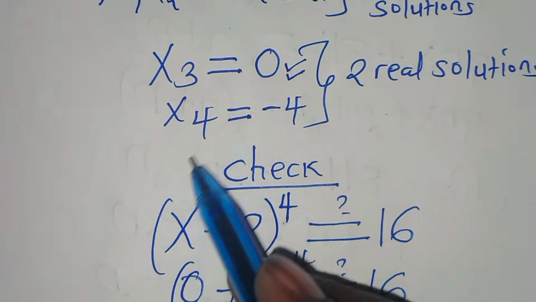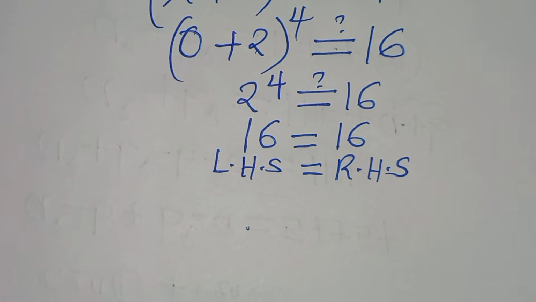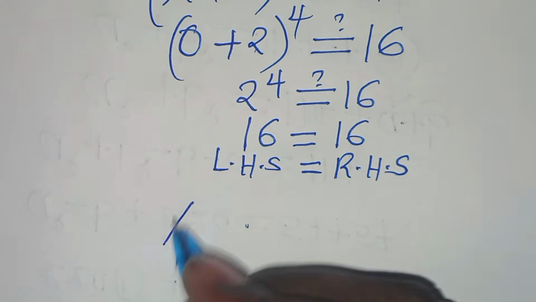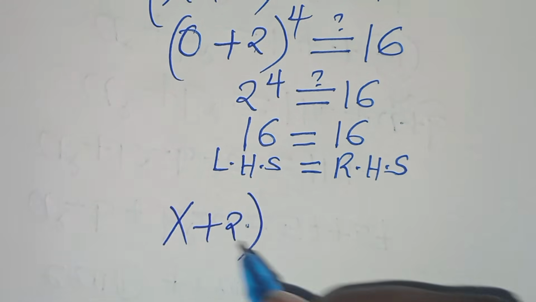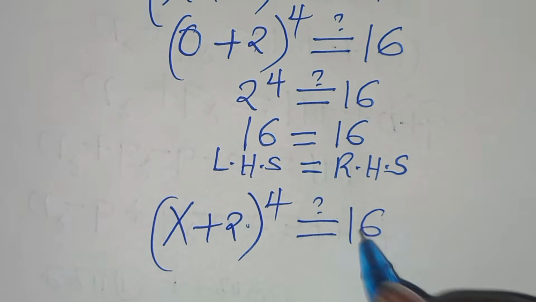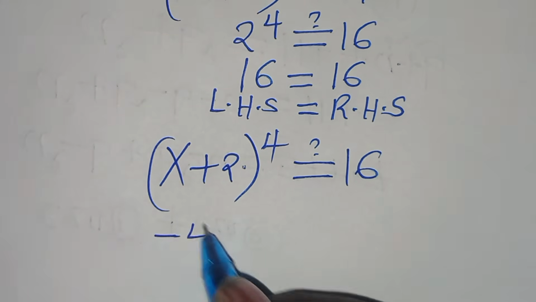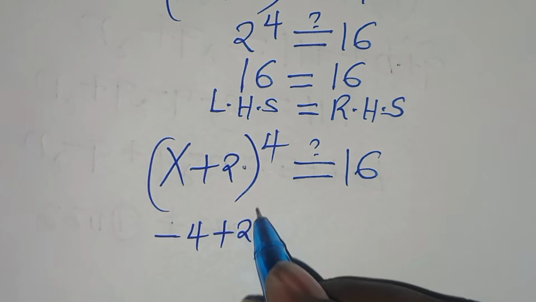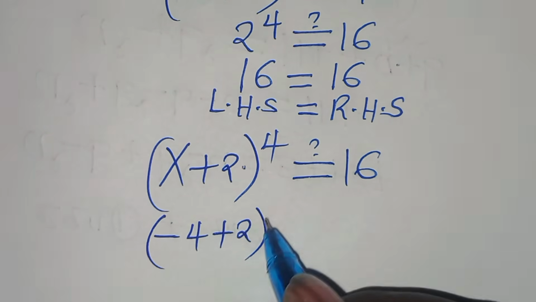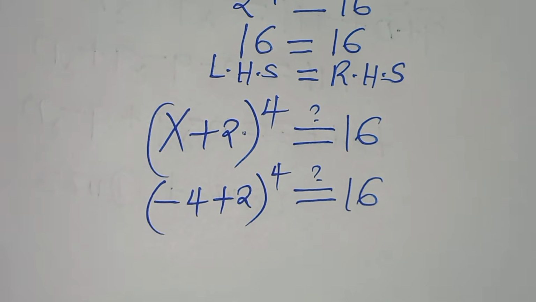Now, let's check x4, which is negative 4. So we have (x + 2)^4, which should give us a value of 16. Now, x is negative 4, so (-4 + 2)^4 should give us a value of 16.